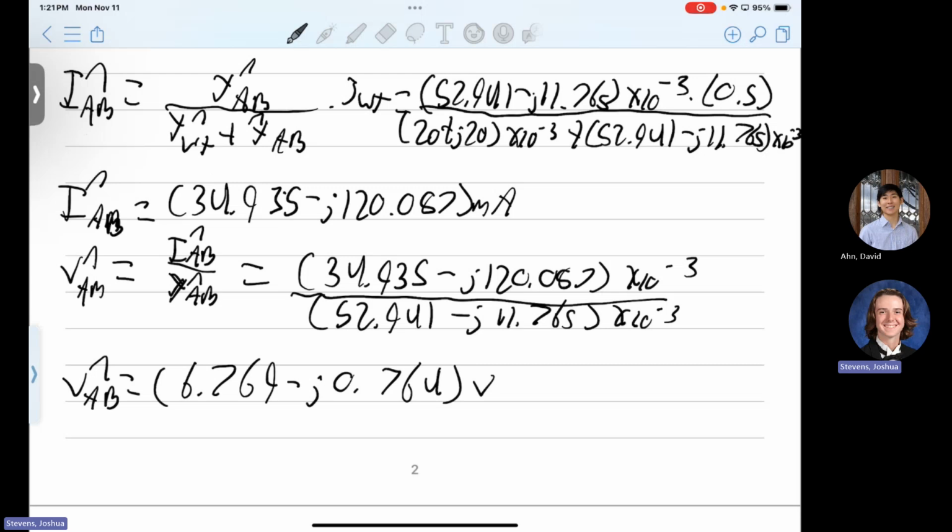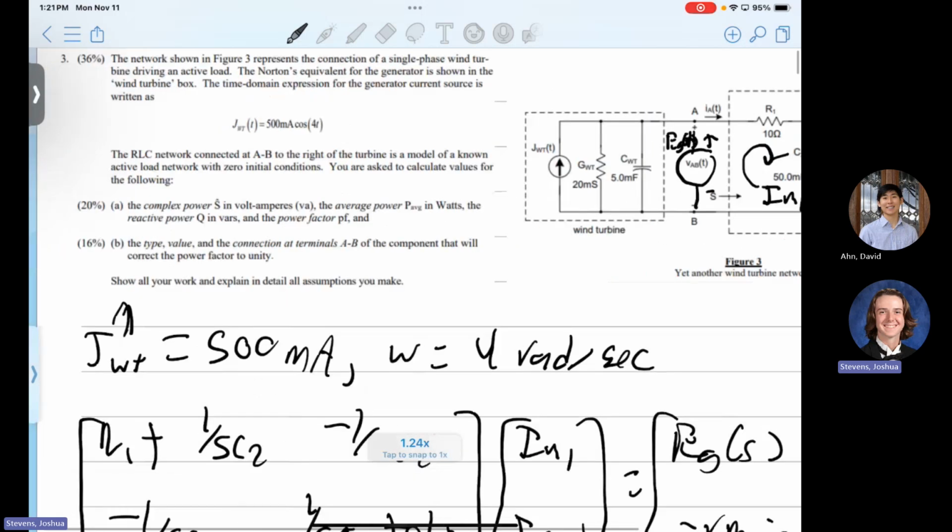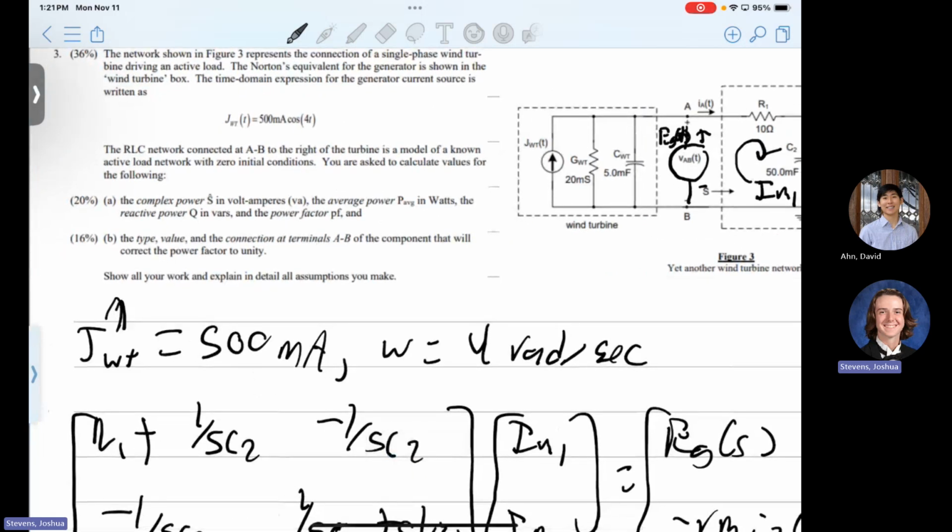The reason we're doing that is because the first part of the question asks, connected to the nodes A, B, we're asked to calculate the following values. Now that we have voltage, current, and admittance, we can find all of these things. Do y'all agree?